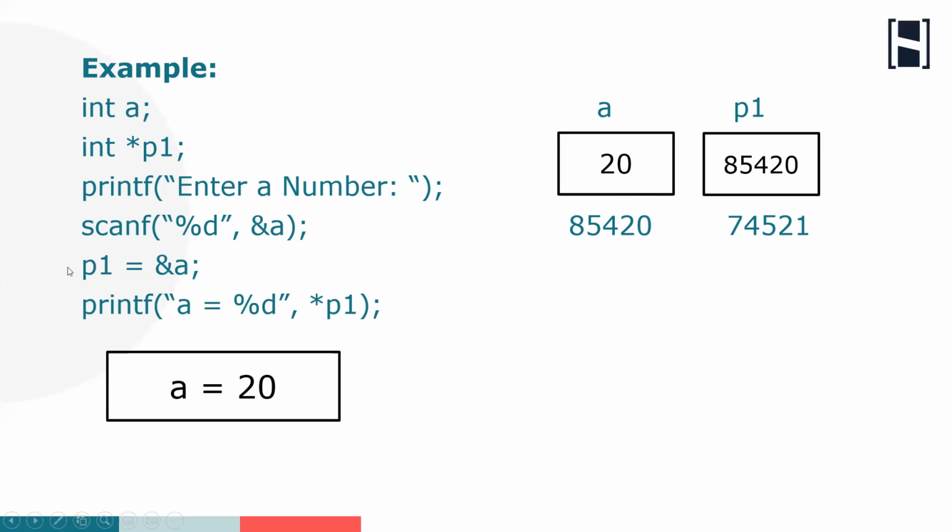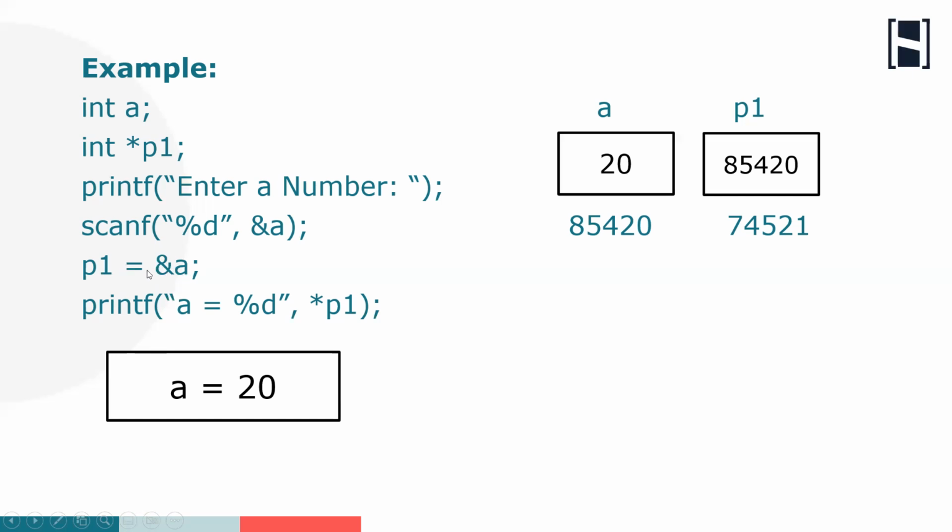Then come to the next line. What is that I'm saying here? p1 is equal to, what is p1? My pointer variable. And what did I say a pointer is? It is used to store the address of another variable. So here I am going to make use of p1 to store the address allocated for a. So I'm saying p1 is equal to ampersand of a.